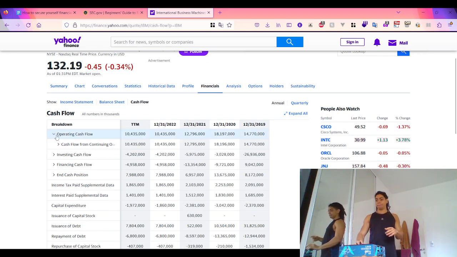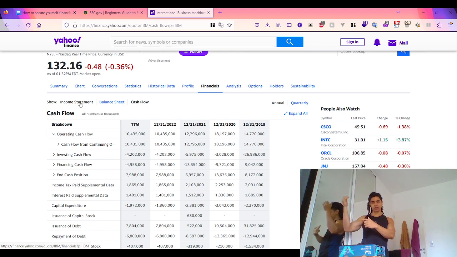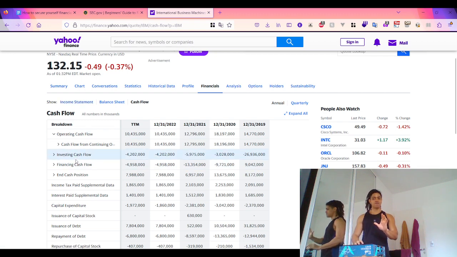Since this is the first part of the cash flow statement, the way to do that is by looking at the net income from the income statement and then reconciling or adjusting that with the total amount of non-cash items, items that affect the income statement without any cash involved, such as depreciation or amortization, stock-based compensation, and the total amount of cash that was used or provided from other operating activities.